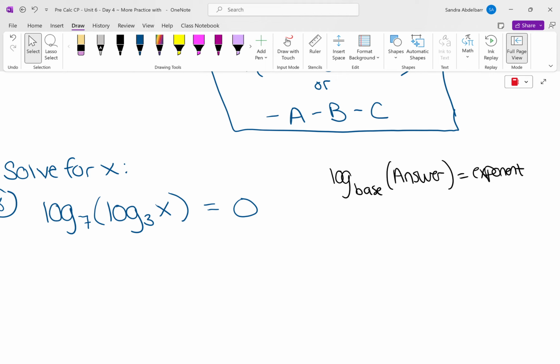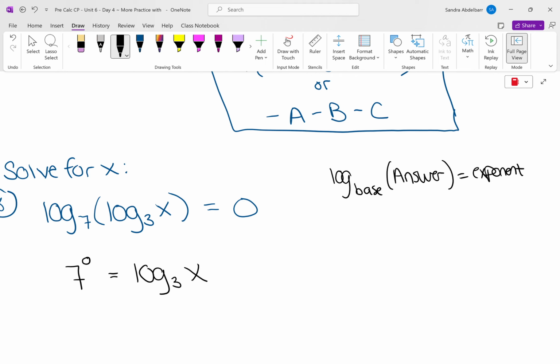So when I go to change this back into exponential, I'm going to take my base, which is 7. What's my exponent? 0, right? It's whatever it equals. Log, base, answer equals exponent. So my exponent is 0, and then my answer is log base 3 of x.